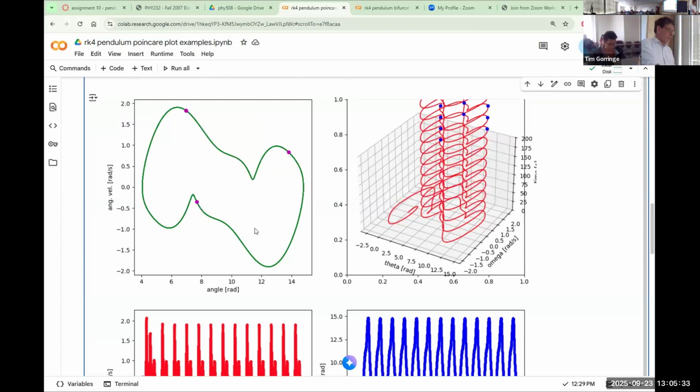Upstairs here on the left-hand side is a traditional phase space and Poincare section plot. And on the right-hand side is a three-dimensional Poincare section phase space plot, where the extra dimension is the time dimension.